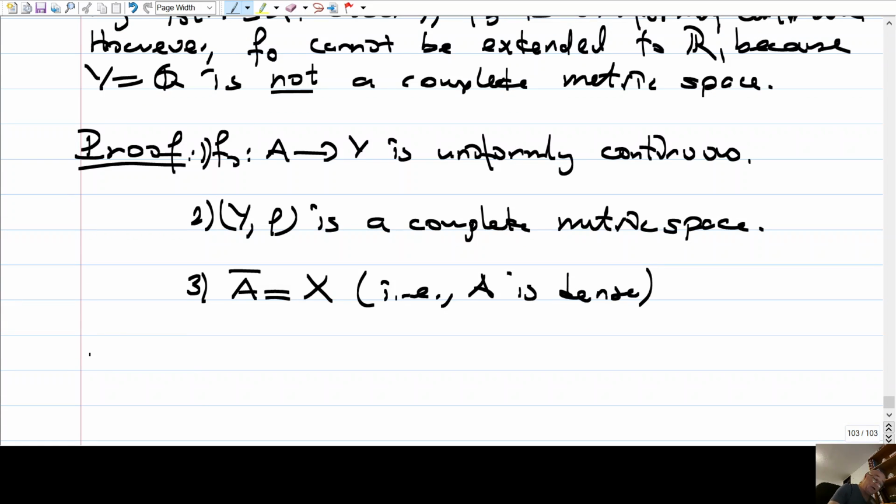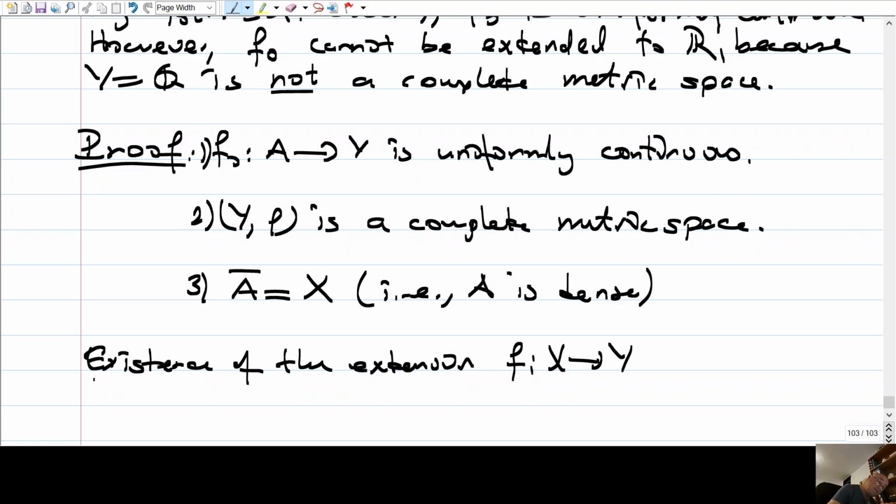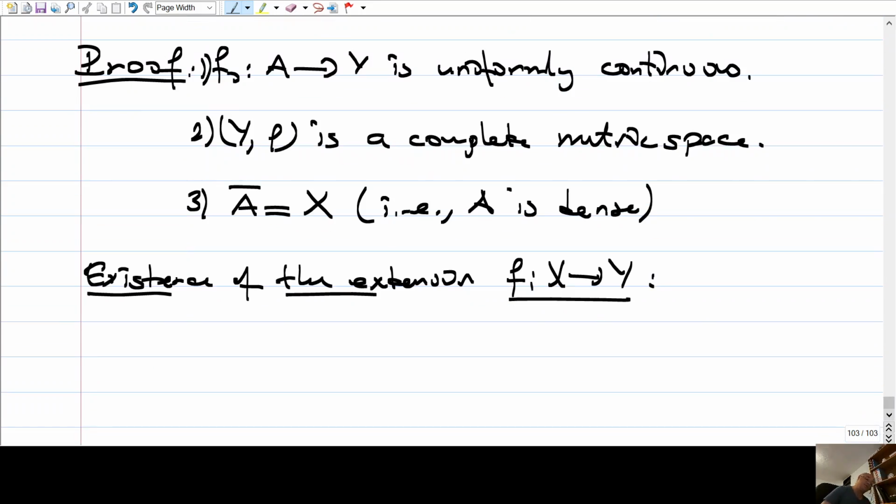So existence of the extension f from X to Y. First, let's consider this part of the proof. Okay, the idea is this.